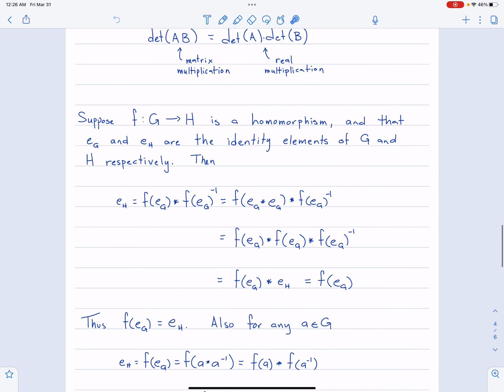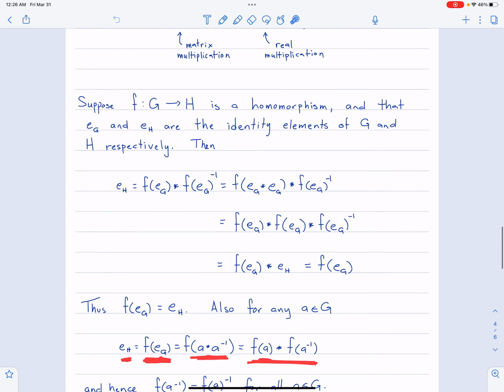Likewise, I can also show that for any element of my group, e of H is equal to f of e of G by what we just observed. And I can take e of G, the identity element in G, and split that up into a times a inverse, and then split this up. Okay? So what does that tell me?